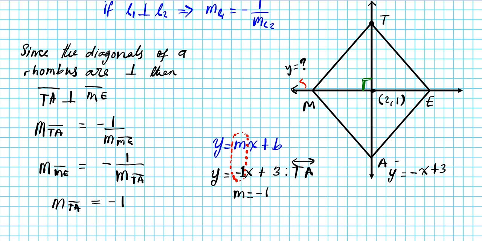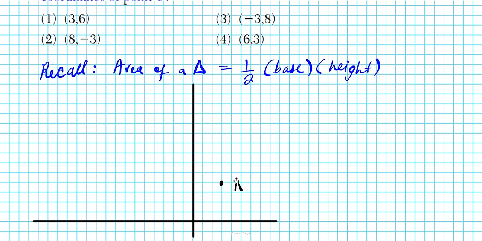So let's graph that. 3, 4: 1, 2, 3, then 1, 2, 3, 4. Okay, that is point A. The next one is 3, 12: 4, 5, 6, 7, 8, 9, 10, 11, 12. That's point B. So this is 3, 12, and this one right here is 3, 4. Okay, we have a triangle. Where is point C?